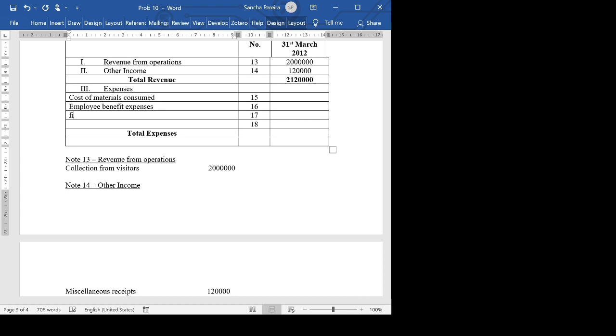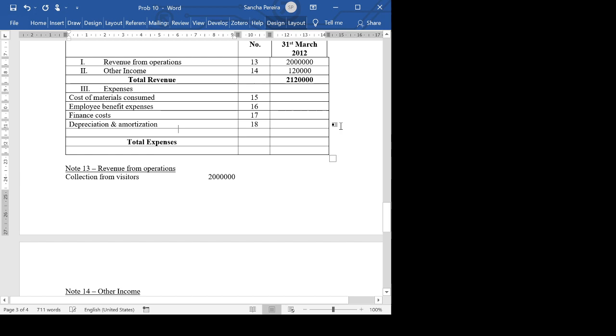Then we have finance costs. Then we have depreciation and amortization. And the last thing we have is the other expenses.